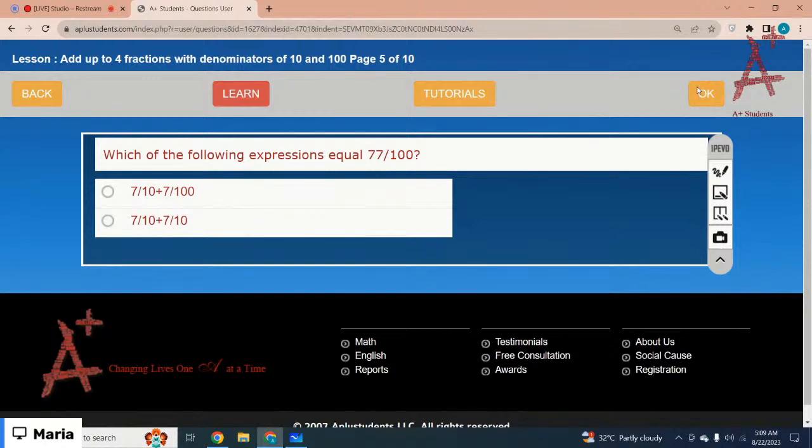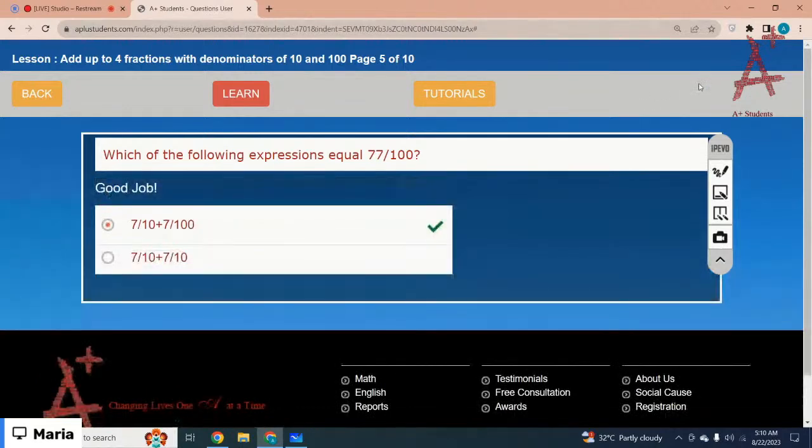It would be 14 over 10. So the correct option is option number 1, right? That would be 7 over 10 plus 7 over 100.